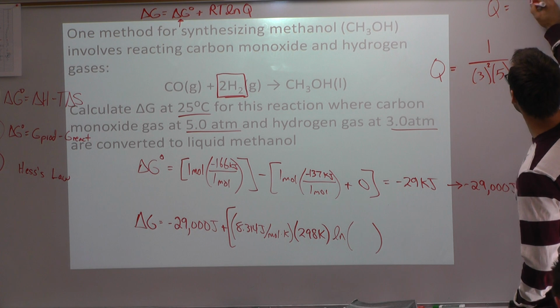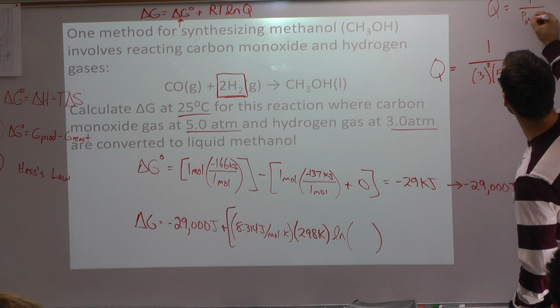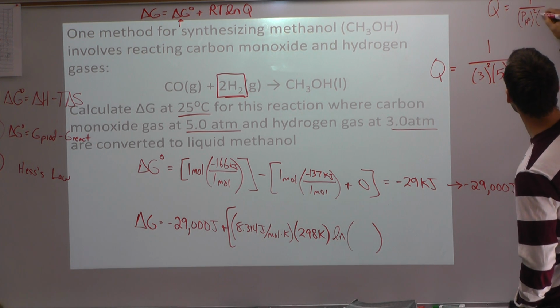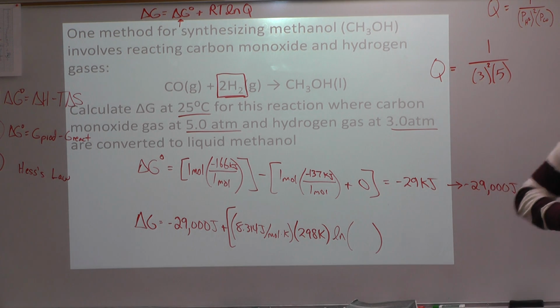So this would be 1 over the pressure of H2 squared times the pressure of CO. That would be your equilibrium expression.